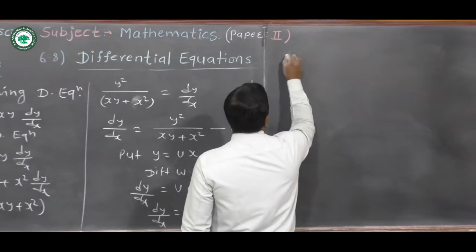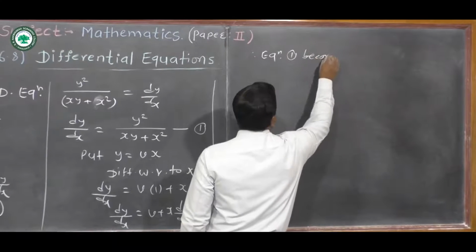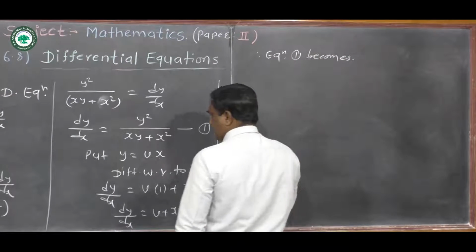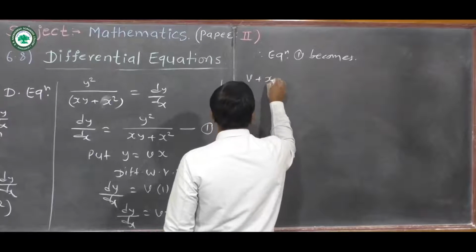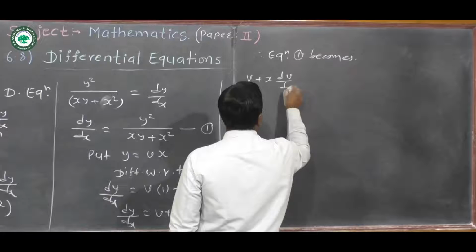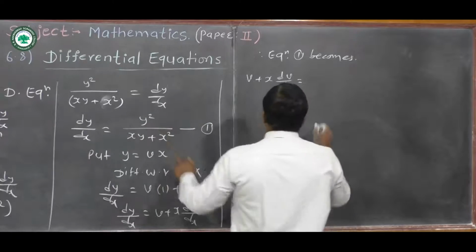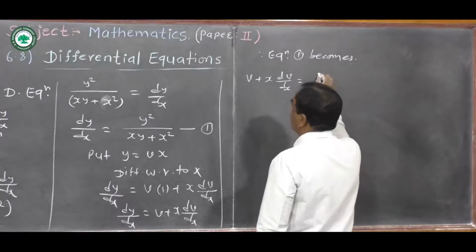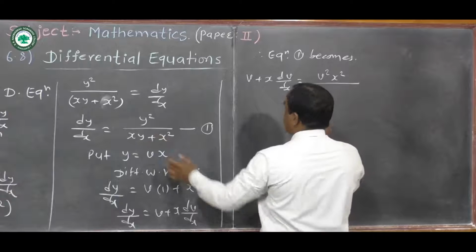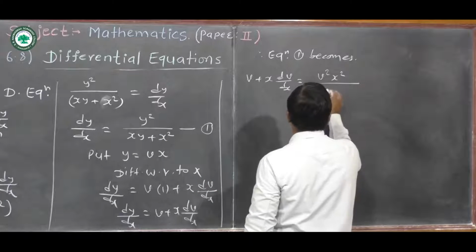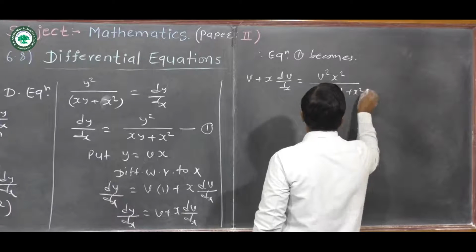Therefore, equation 1 becomes dy by dx, means v plus x into dv by dx, equal to value of y is vx, therefore we can write here v square x square upon x into y. x into y means x into vx plus x square.